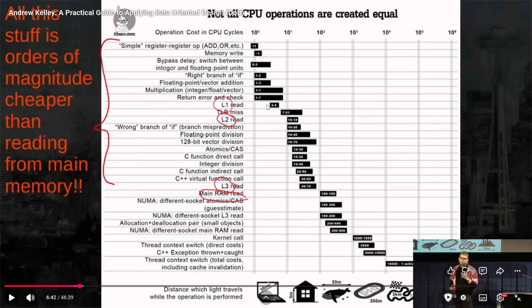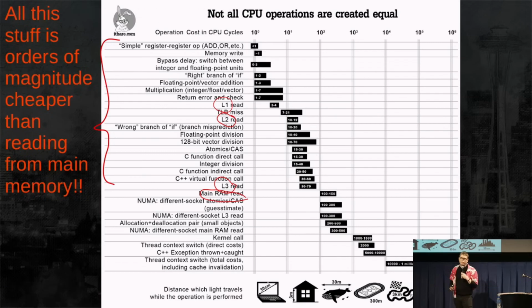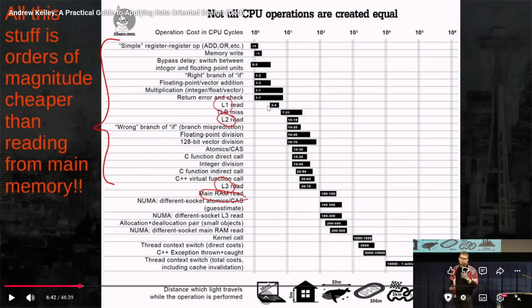Multiplication. Any multiplication that you see in your math code or whatever you're writing takes 1 to 7 to 4 cycles.